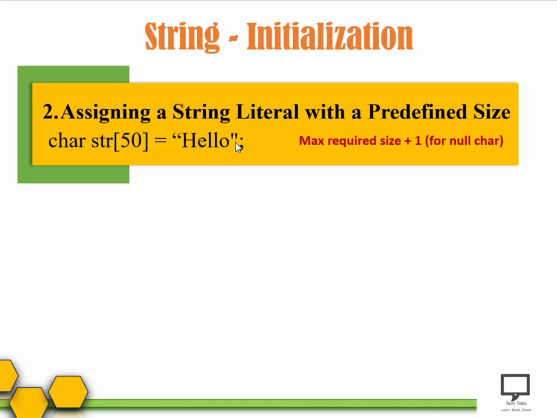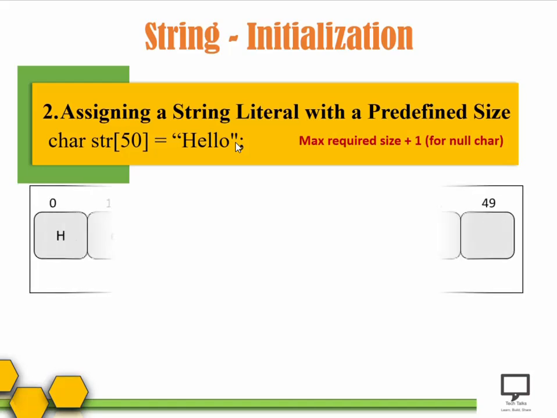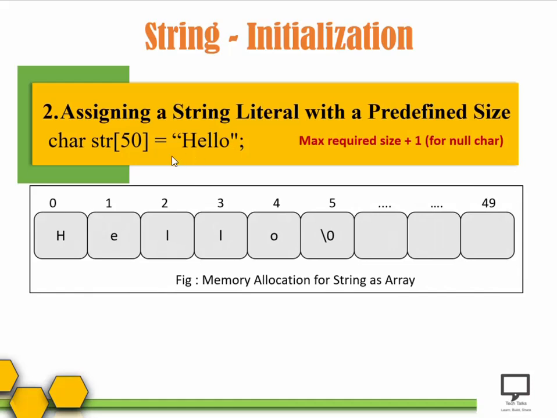Whatever the string is, you are supposed to declare its size plus 1. Now you will have a question in your mind: hello will require only 6 characters, as we have seen in the previous slide, then why is the size 50 mentioned here?